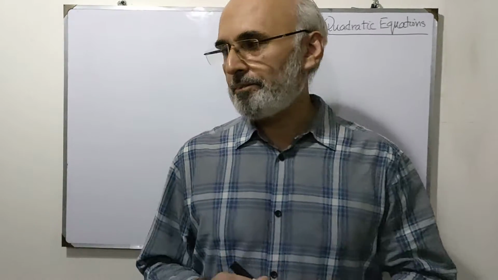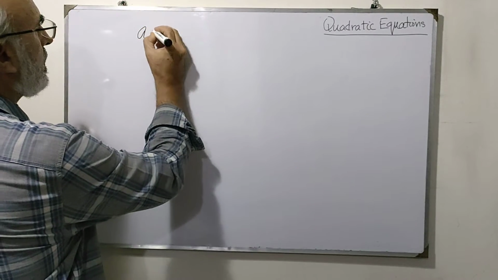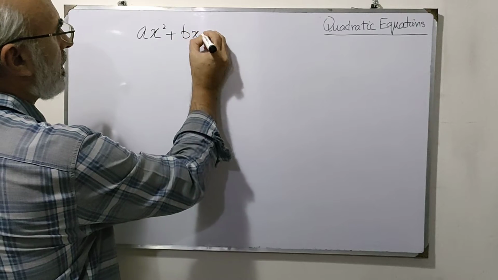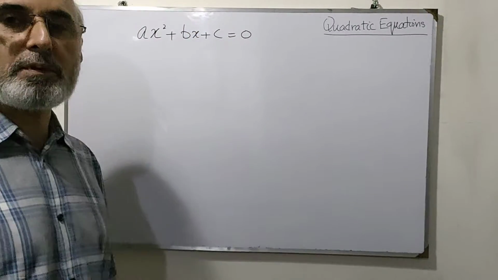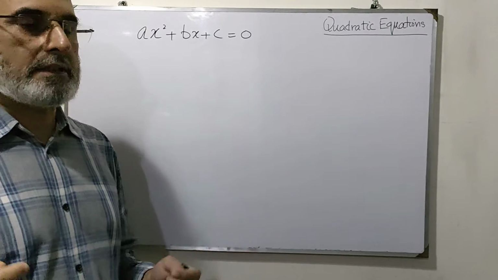So let's start. The quadratic equations which we were doing previously were of the form ax squared plus bx plus c is equal to 0. This was the form which we used previously.